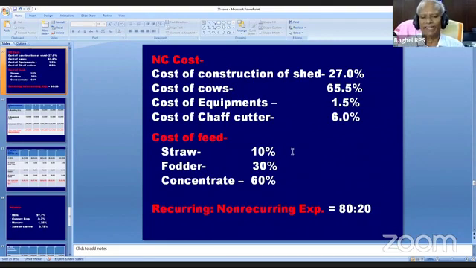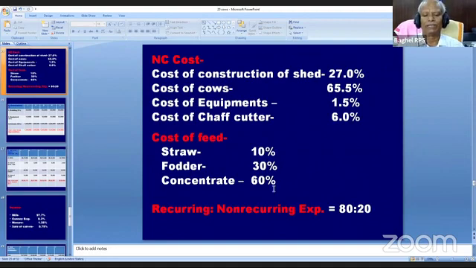Among the feed you want to prepare for feeding the animals, if you see the economics, the cost of concentrates is around 60% of the total feed, because concentrate is very costly, around 24 rupees per kg. Fodder, mostly dry and green fodder, will cost around 30%, and extra will be 10%.